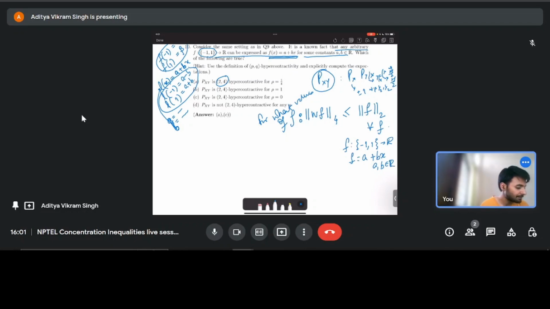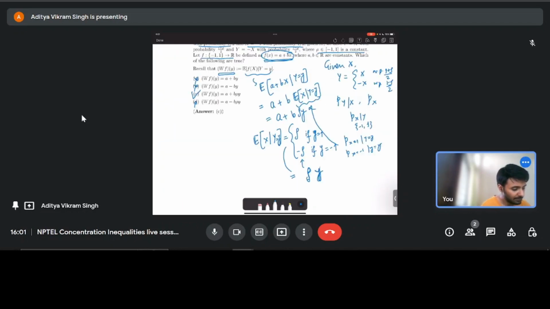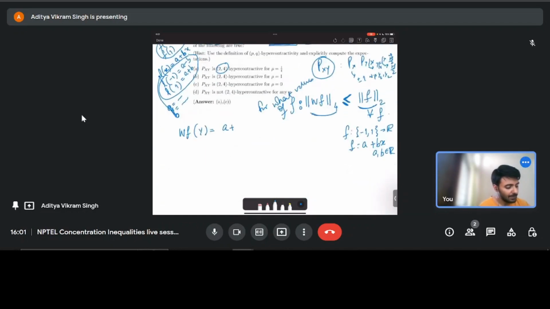So we only need to worry about linear functions. We want to see for what values of rho this inequality holds for all linear f's. We know that wf of y is a plus b times rho times y.